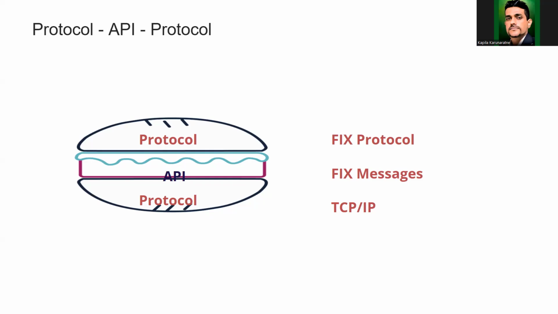They will communicate via API, but they will use SWIFT messages. Similarly, between ATMs and the banking system, they will use ISO messages. For trading platforms or exchanges, they will use FIX messages. And to communicate between network devices, it will use the TCP/IP protocol. So those are a few examples.